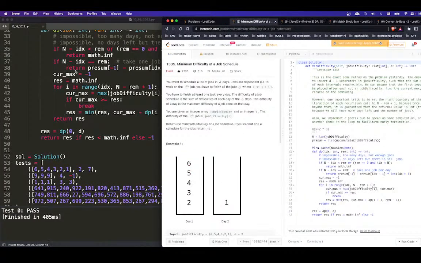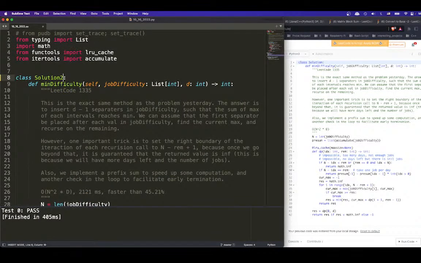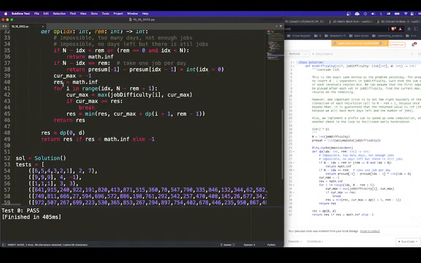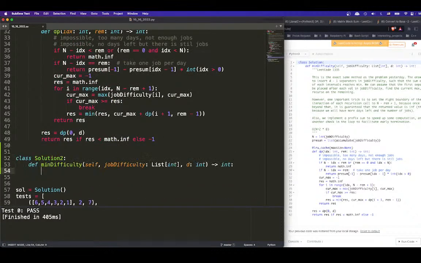We go back to here. So we want to do solution number 2. Wait, this is solution 1. Okay, solution 2. This is an O(ND) time complexity solution from LeetCode.